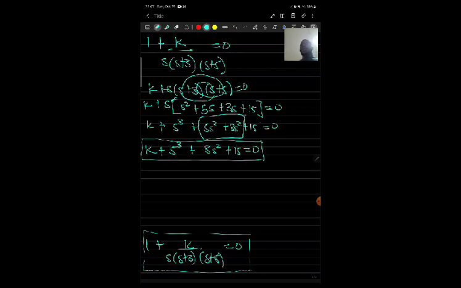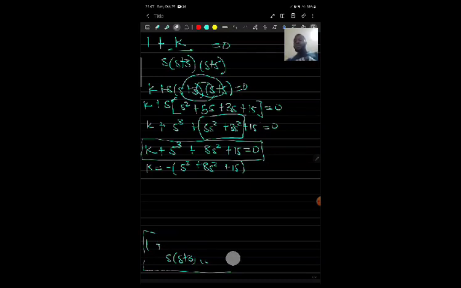We can group like terms together. In grouping like terms, we can say k is equal to minus of s cubed plus 8s squared plus 15. Yes. So since we are done with this, let's take this off here.